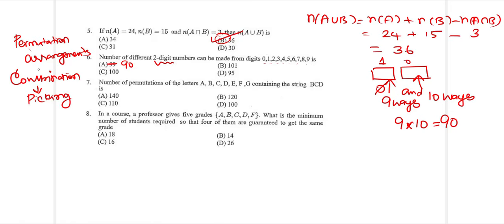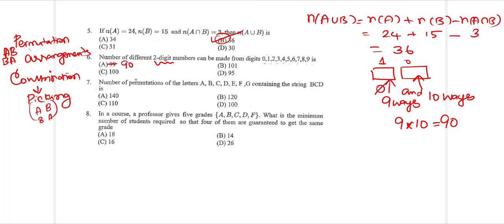When it is an arrangement, A, B is different from B, A. But when you are picking, you can pick A followed by B, or you can pick B followed by A. Both of them mean the same. So when it comes to arrangements, the ordering or the positioning does matter. So you will have to be very careful over here.